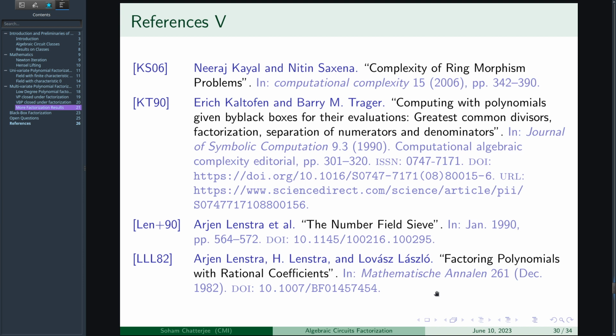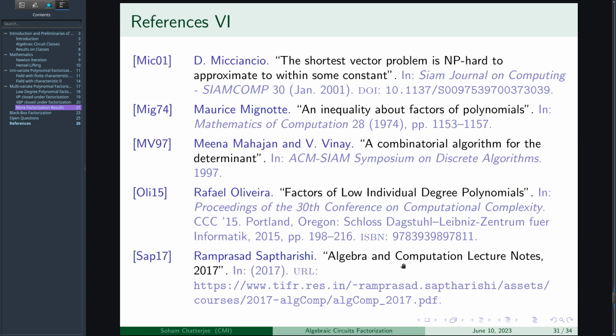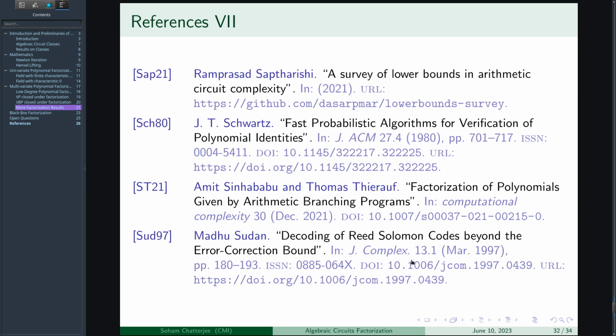You can read about the LLL algorithm from the paper Factoring Polynomials with Rational Coefficients by Lenstra, Lenstra and Lovász. I have also added Algebra and Computation, Ramprasad Saptharishi's course on algebra and computation. It's a course he taught at TIFR in 2017. Their notes are publicly available.